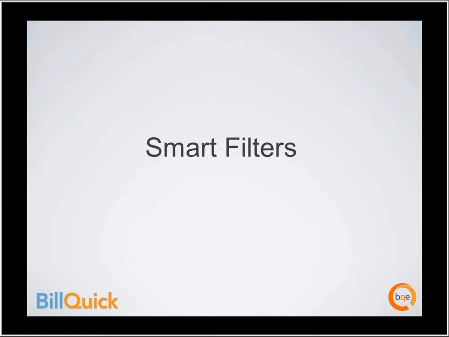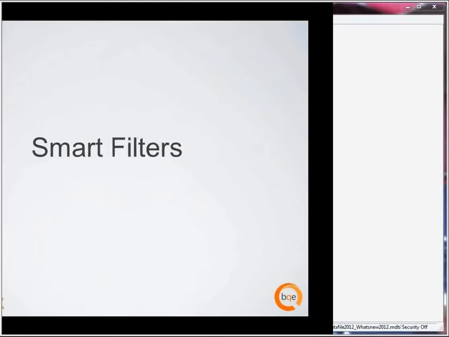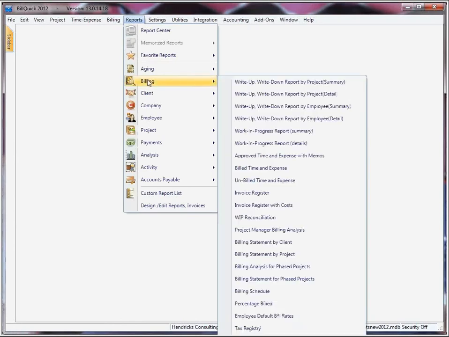And that, even though it doesn't take much time to run the reports in BillQuick, where we found the bottleneck in that process of getting to those reports was the fact of applying filters to those reports. People wanted reports in a certain way. For certain managers, they were applying filters, and they were doing it over and over and over again. So here's what we did in 2012 to save you 15 to 20 seconds in applying those filters, but now when you multiply it by 1,000 times, it will end up saving you a lot of time.